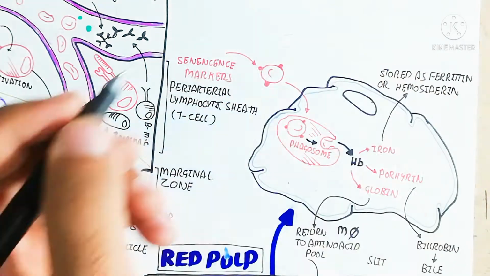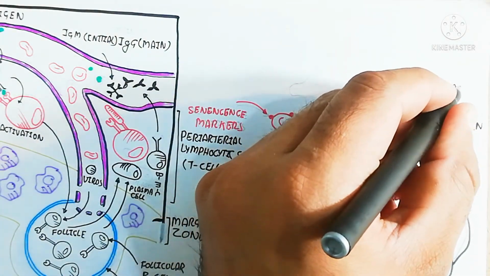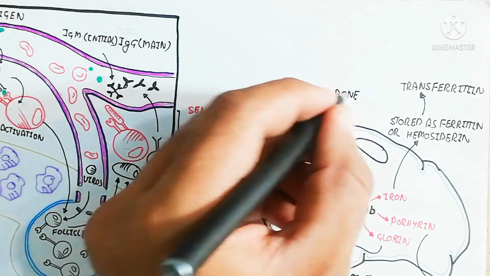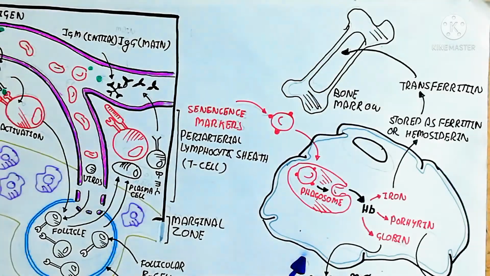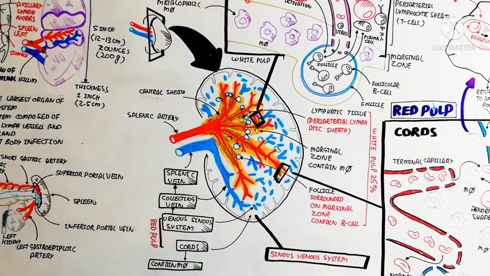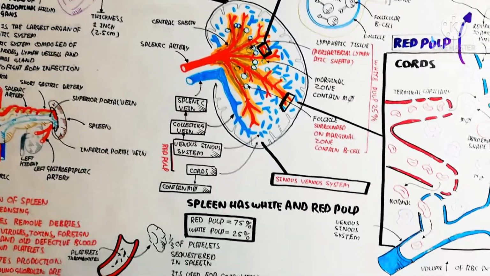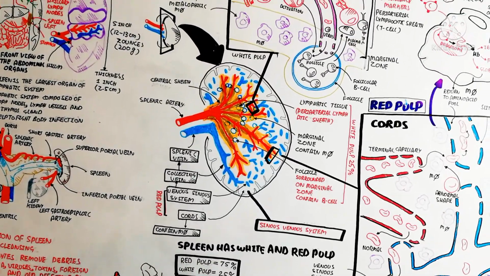The iron is stored as ferritin or hemosiderin, which is picked up by the transferrin and moved into the bone marrow for the formation of new red blood cells. So in this way, this is the spleen physiology, basically the structure.